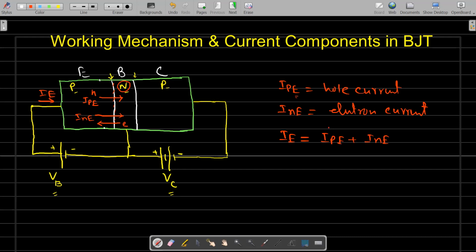So basically, the hole current will dominate in a PNP transistor between the emitter and base. Okay, so this is the situation in the emitter-base region. Now the holes which are injected from emitter to base region, that means here.